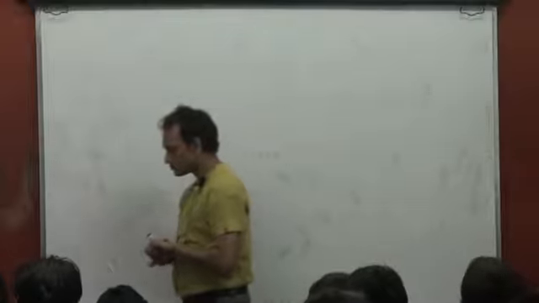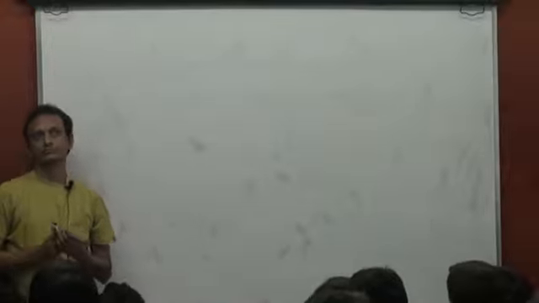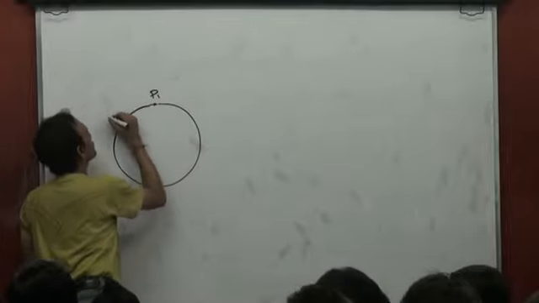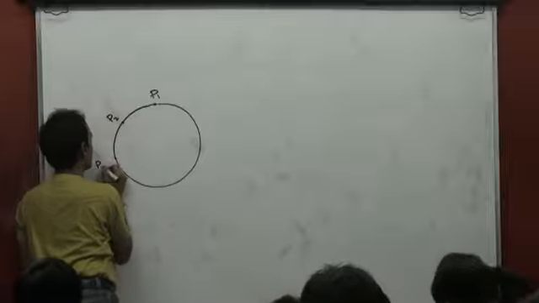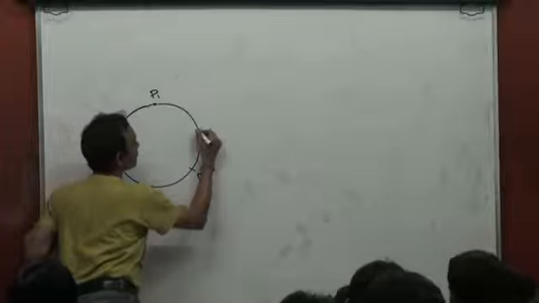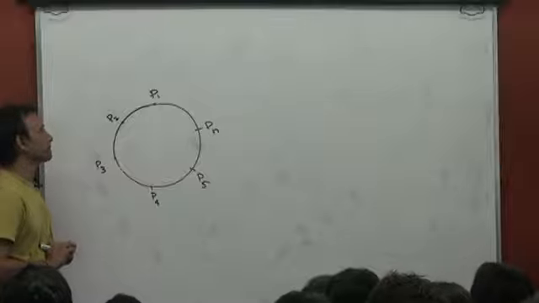Okay, answer this question. There are n points selected on a circle, right?